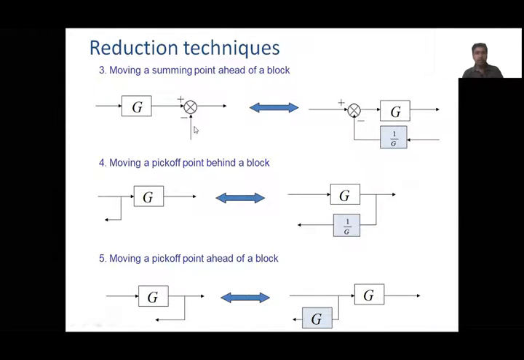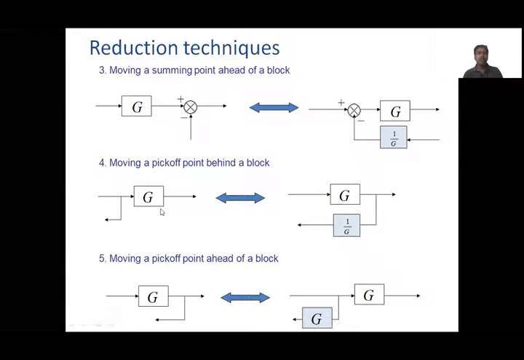Here this second input signal gain is equal to 1, since nothing is given. So that gain is multiplied with 1 by G. So this is the summing point moved from after the block to before the block.